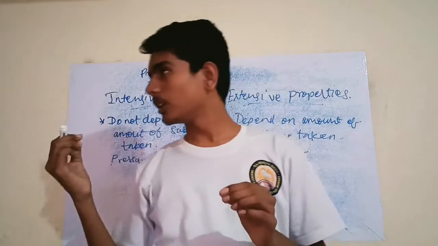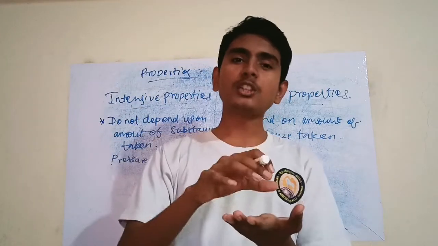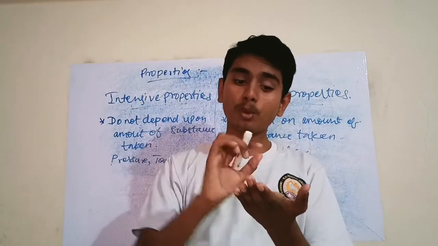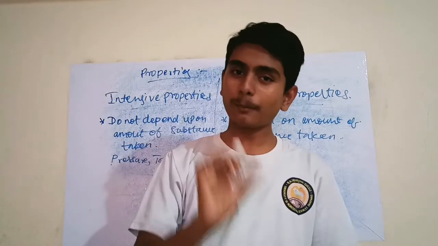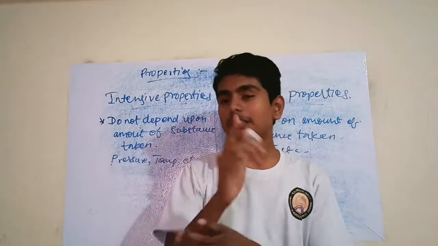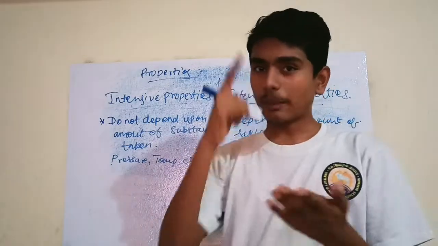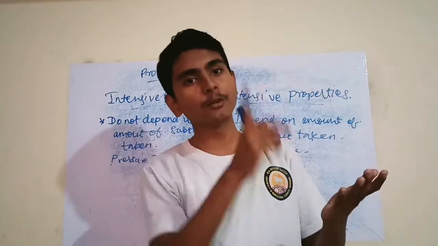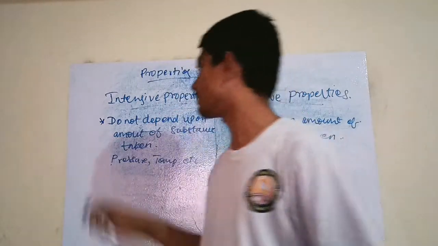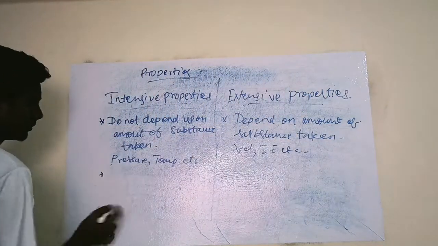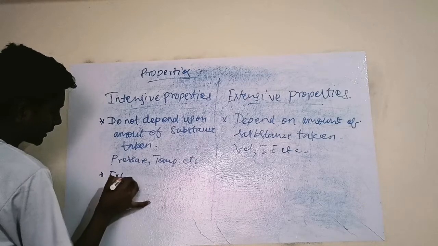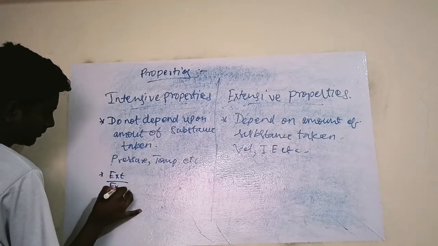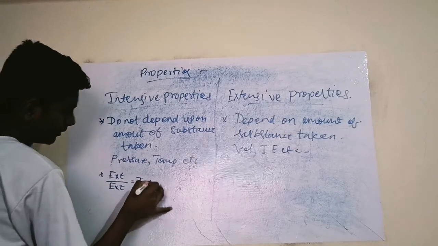How much amount also you take, the number of moles per liter will be the same, no, it will be constant. So molarity is an intensive property, means number of moles is an extensive property, volume is an extensive property. If you divide extensive by extensive, you will get intensive. It is also another point.